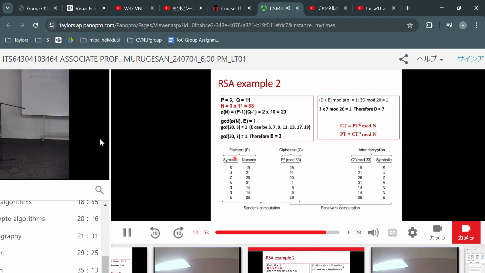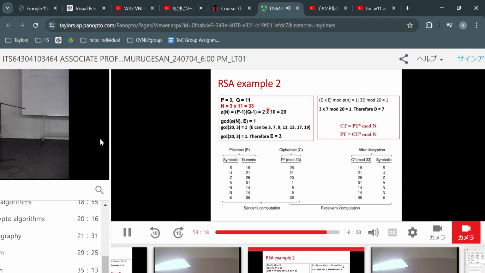So S, the numerical value is 19. So 19 is your plain text, the numerical value of the alphabet. Plain text power E mod n. What is E? E is 3. So 19 power 3 mod n, where n is 33, the formula is given here.